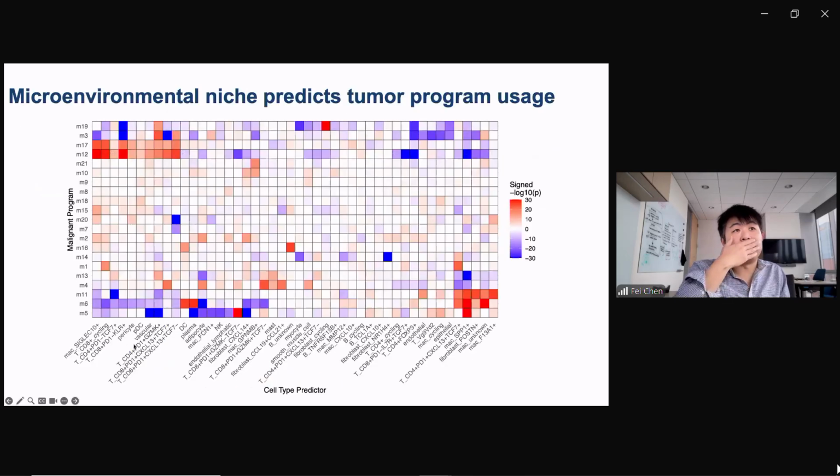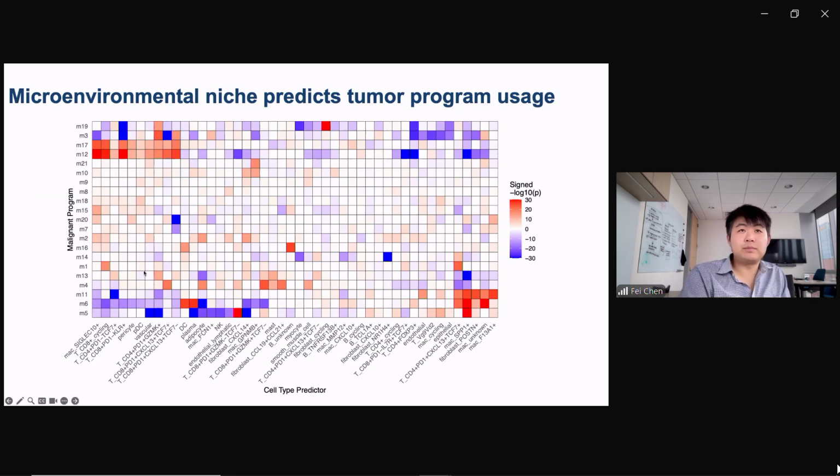We did an analysis that sounds hard but is actually quite straightforward, a linear regression, where for each malignant program, we asked which cell types in the stroma are most predictive of that malignant program's usage.